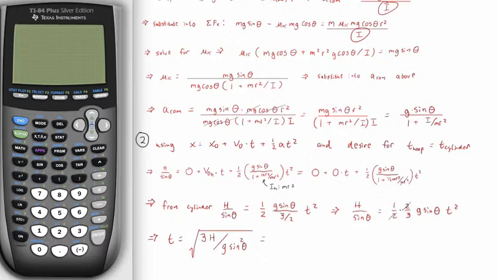Then we can rewrite that: since it's sine squared, the sine comes out of the square root, so it'll be 1 over sine theta times the square root of 3h over g.